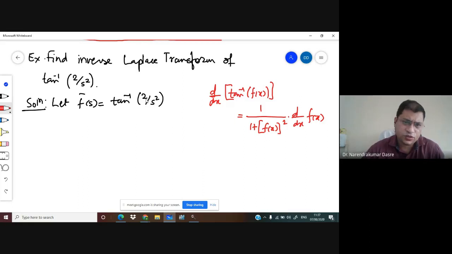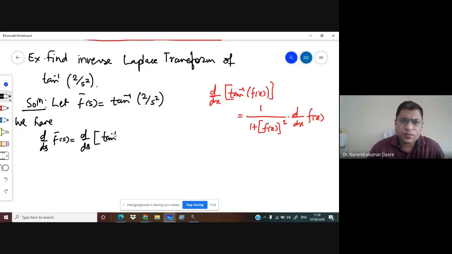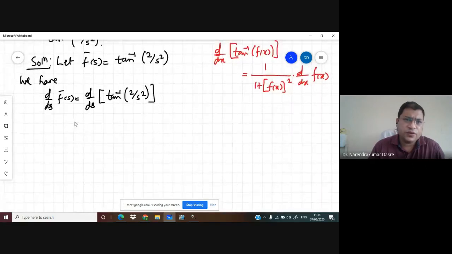Here it is a function of s, so we have to consider the derivative like this. Hence d by ds of f bar of s is equal to d by ds of tan inverse of 2 upon s square.